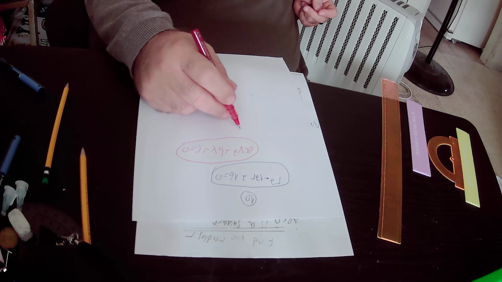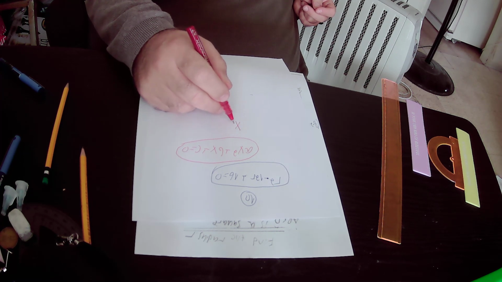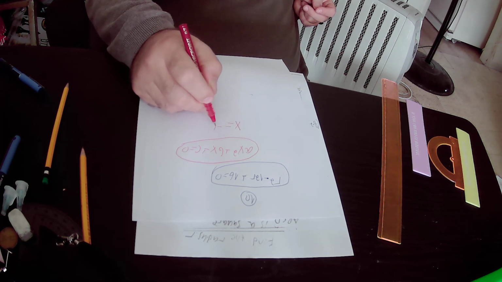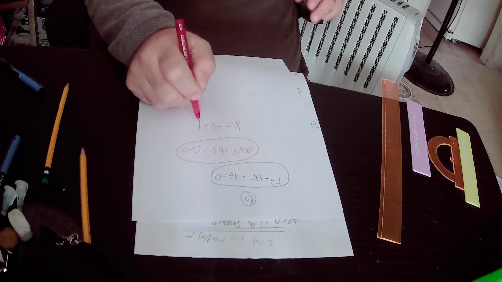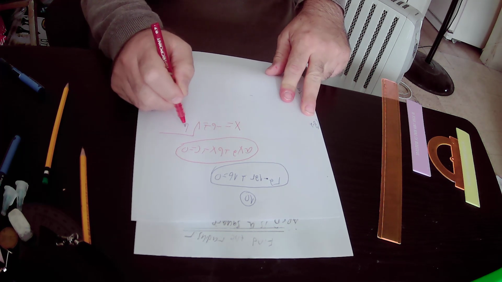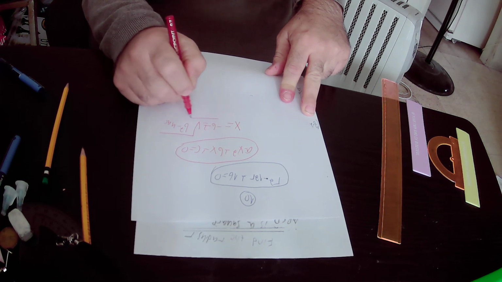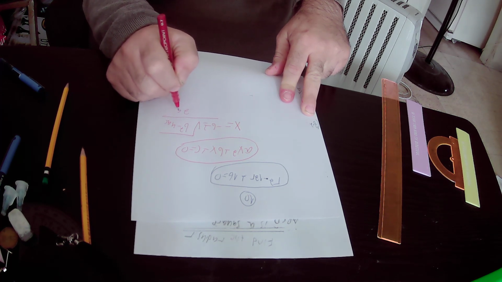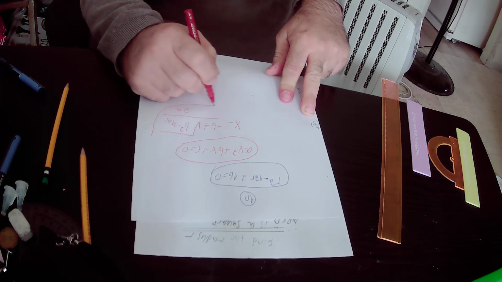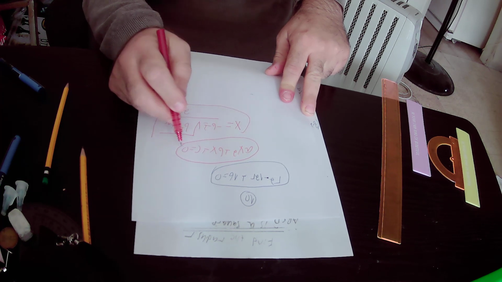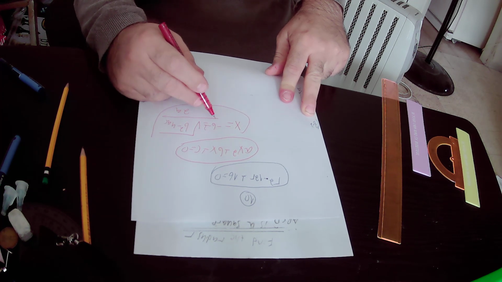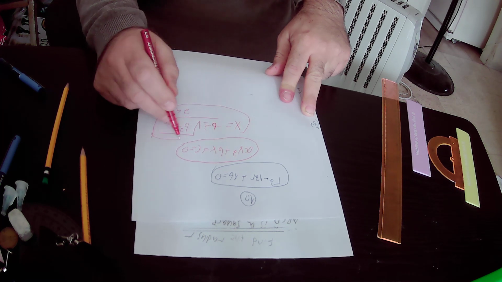And the special formula for x is x equals to minus b plus minus root of b squared minus 4 times a times c over 2a, when a, b, and c are the coefficients of this quadratic equation and x is the variable that we are looking for.